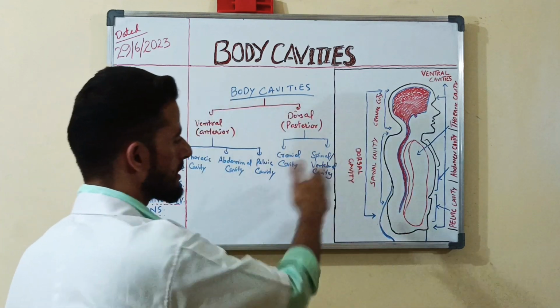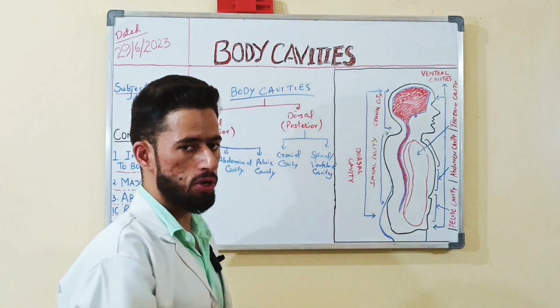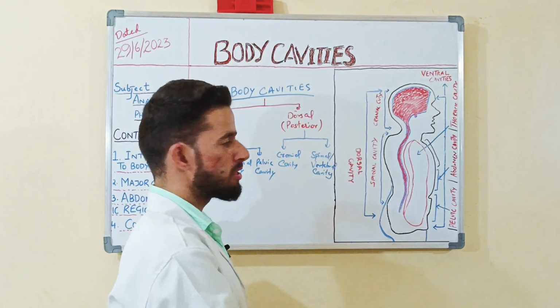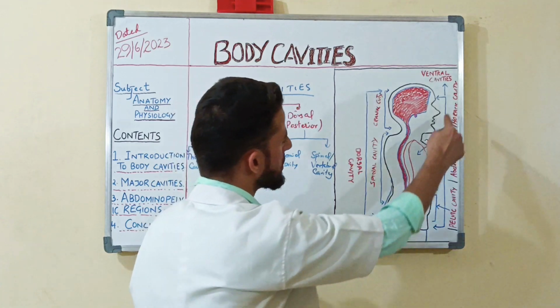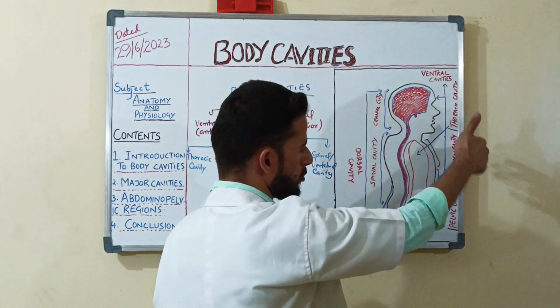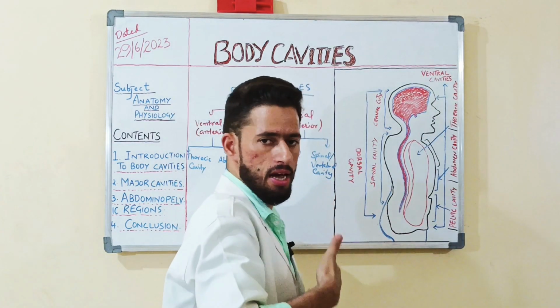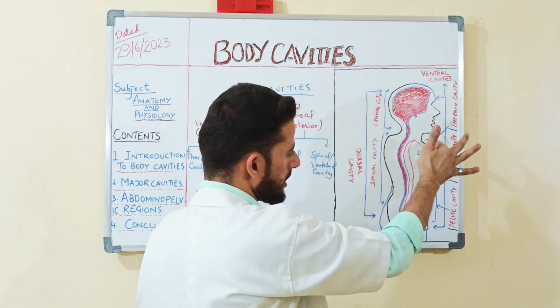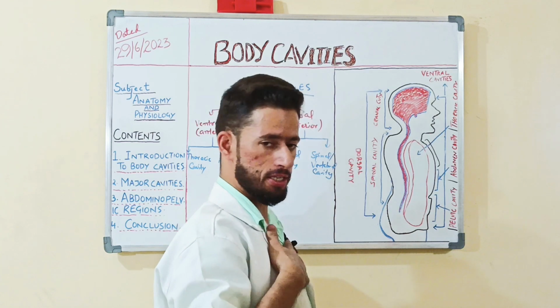Okay, as you can observe on this picture that I have drawn here, you can see the thoracic cavity on the ventral aspect of your body. This part is the chest cavity.